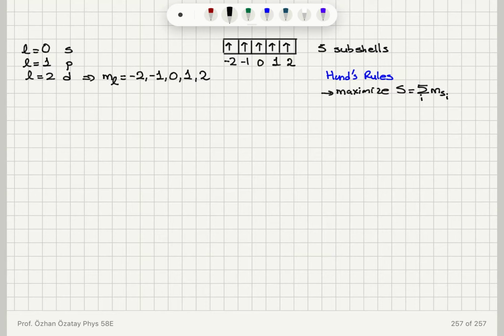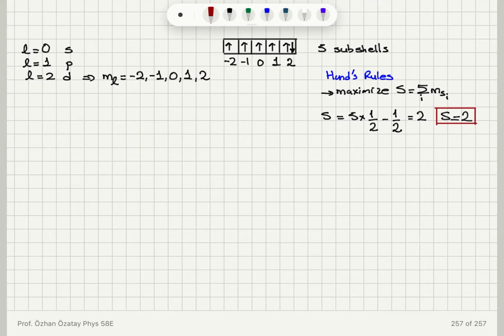We need to put one of them in the downward direction. So this S is going to be 5 electrons with 1/2 value and one of them with -1/2 value, so we will find that the total spin quantum number is 2.